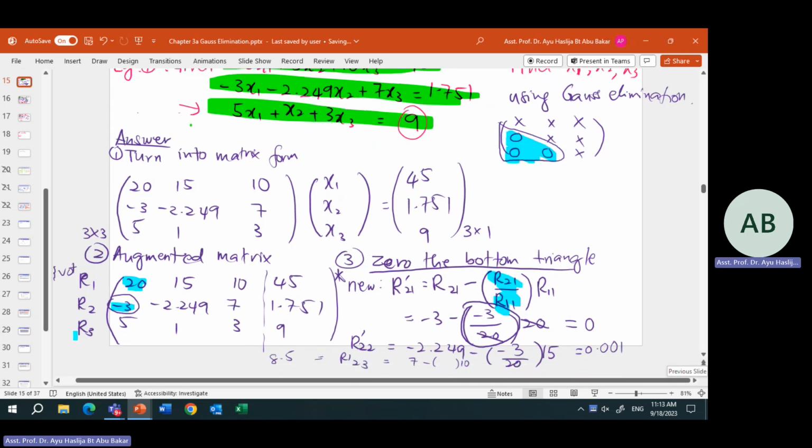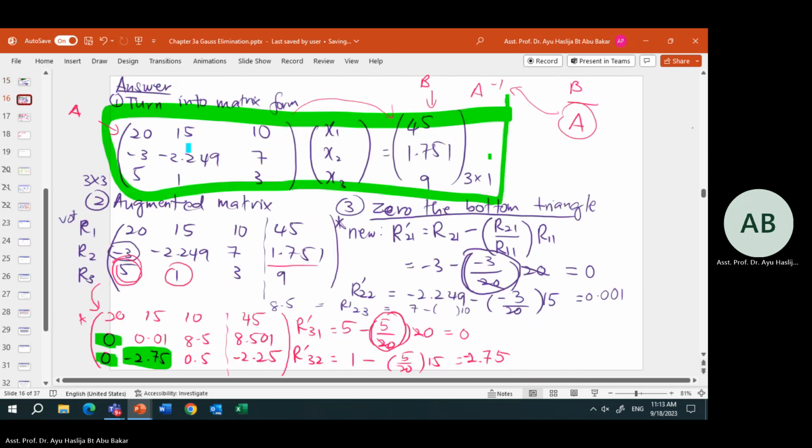Now, same goes for row 3, using the factor. You need to find the factor, how to zero this 5. Then once you zero the 5, you need to zero this part as well, 2.75.